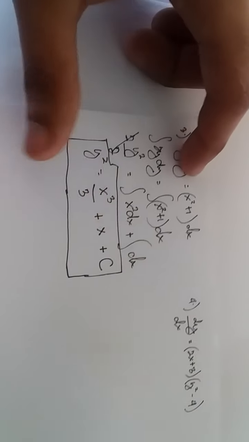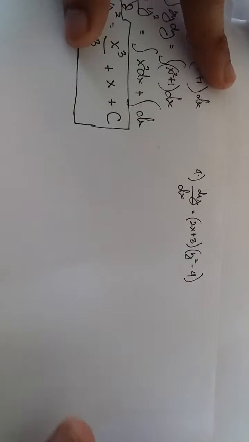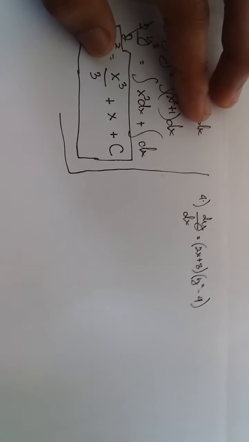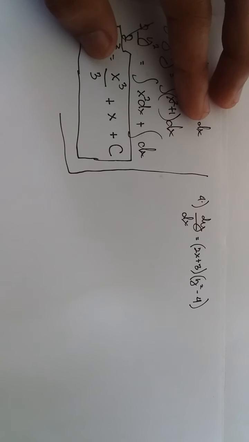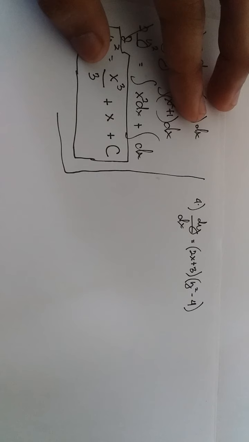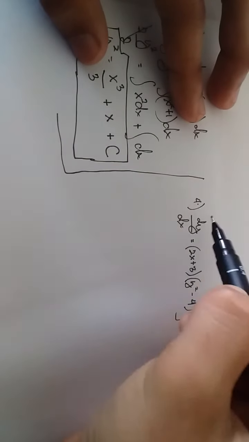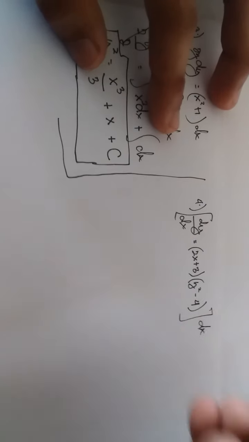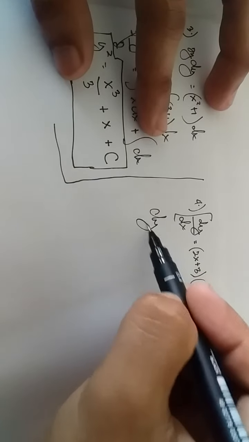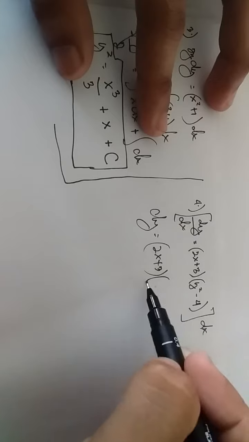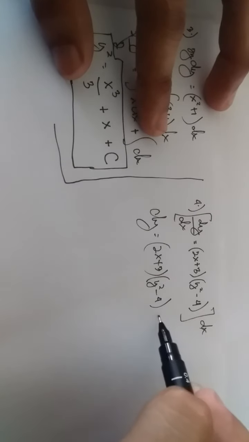Next, for example number 4, what we're going to do is separate the dx and the y squared minus 4. First, I will multiply both sides by dx, so dy is equal to (2x plus 3)(y squared minus 4) dx.